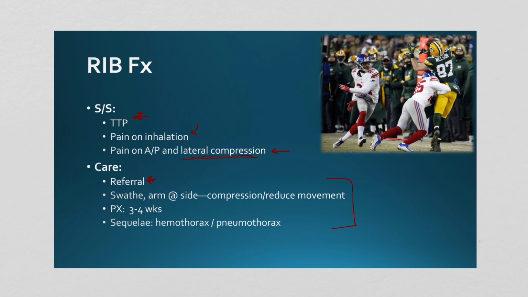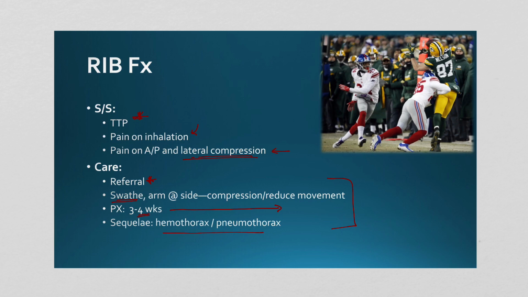So you refer them out. You're going to swath them, which means you're going to wrap the arm on the injured side to that part of the rib cage. By wrapping them tightly, you reduce the amount of rib motion that you can actually get. In terms of how long they'll be out for, it depends, but about 3 to 4 weeks.